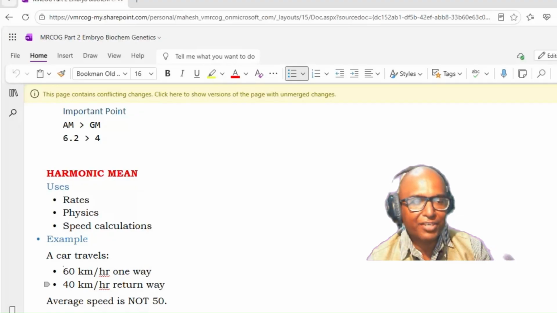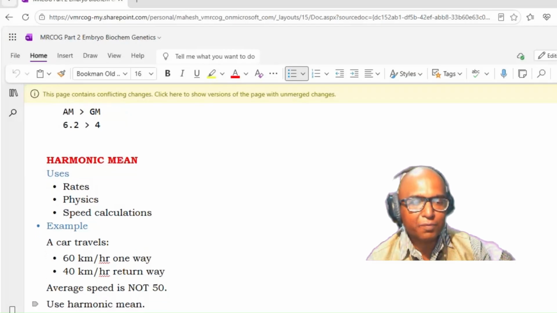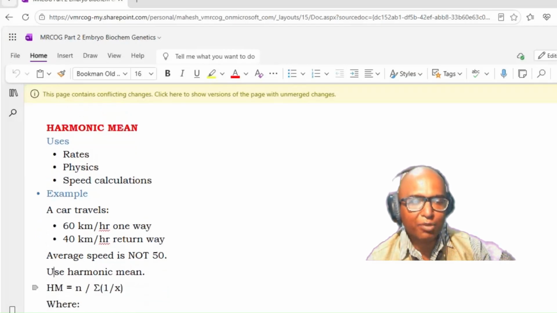What is the average speed? The arithmetic mean would give 50, but when we are talking about rates we can't use it; because we are dealing with speed, we use the harmonic mean.